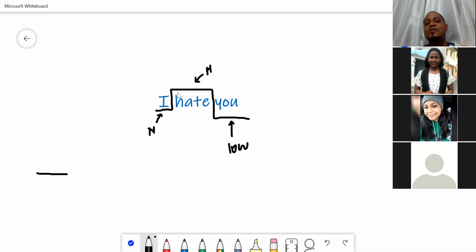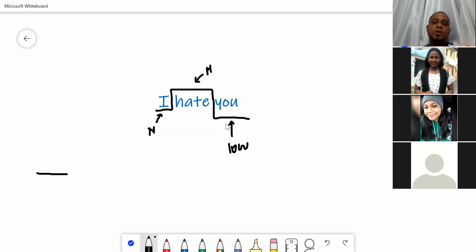If the line is just on top of the word, it is the high tone. And if the line is some distance below the word, we have space, we have distance. So this distance means that this is the low tone.